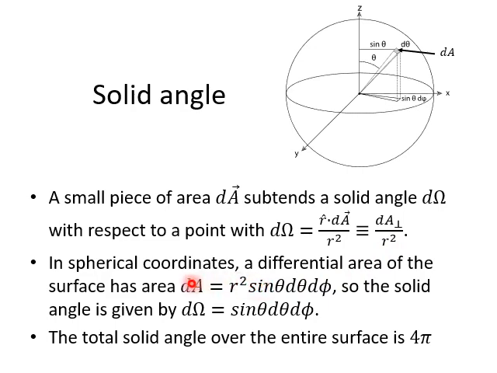And as I mentioned before, in spherical coordinates, that differential area is r squared sine theta d theta d phi. So the solid angle d omega, which takes the r squared out, is sine theta d theta d phi. And the total solid angle over the whole surface is 4 pi. And the unit is called the steradian.